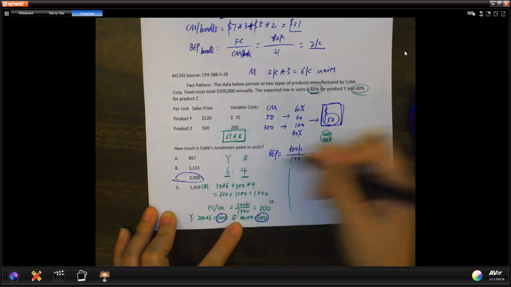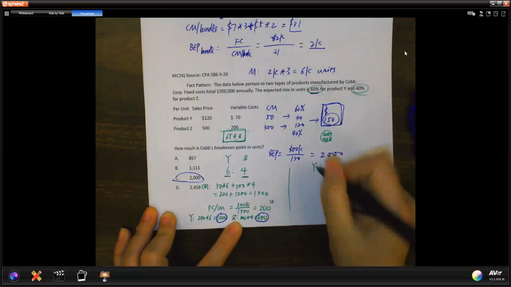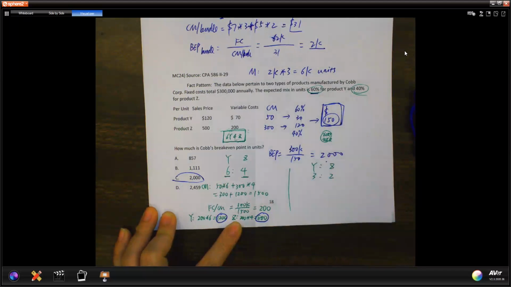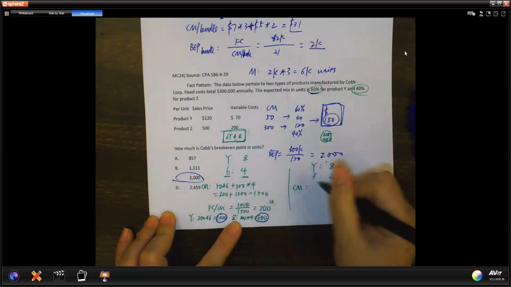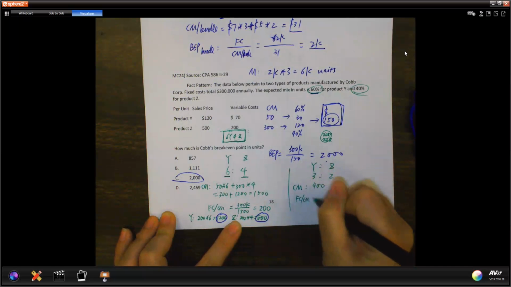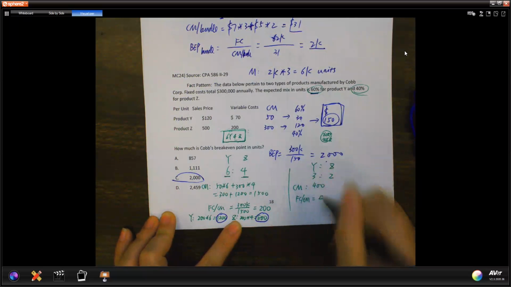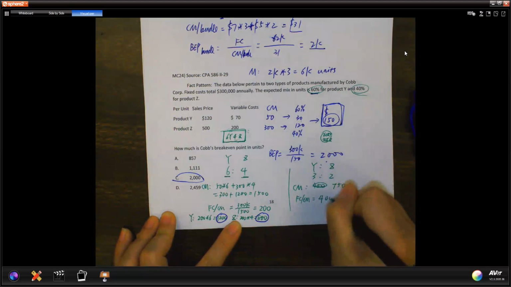Similarly, Y and Z are 6 to 4, but they are also 3 to 2. If you do that, the contribution margin for the 3 to 2 bundle is 750, and fixed cost divided by the contribution margin means you have to have 400 bundles.